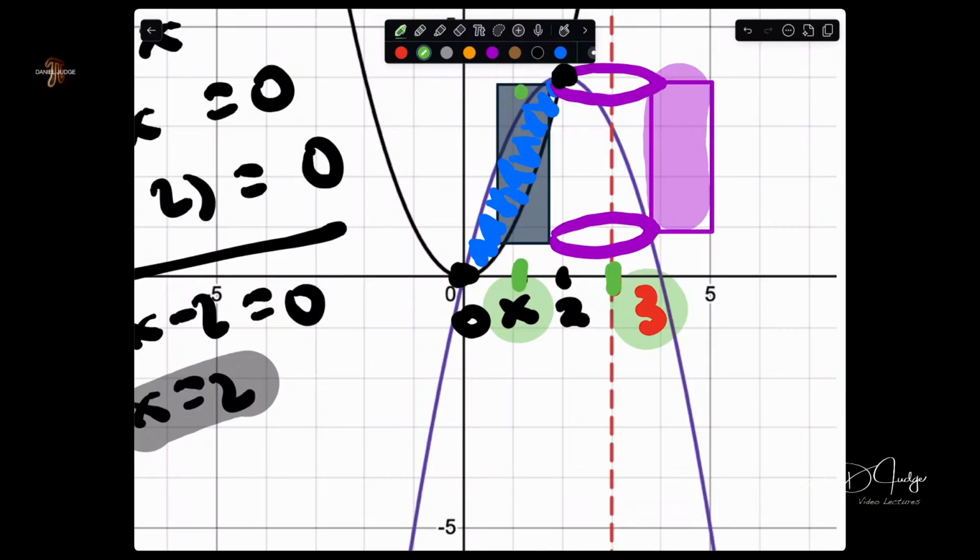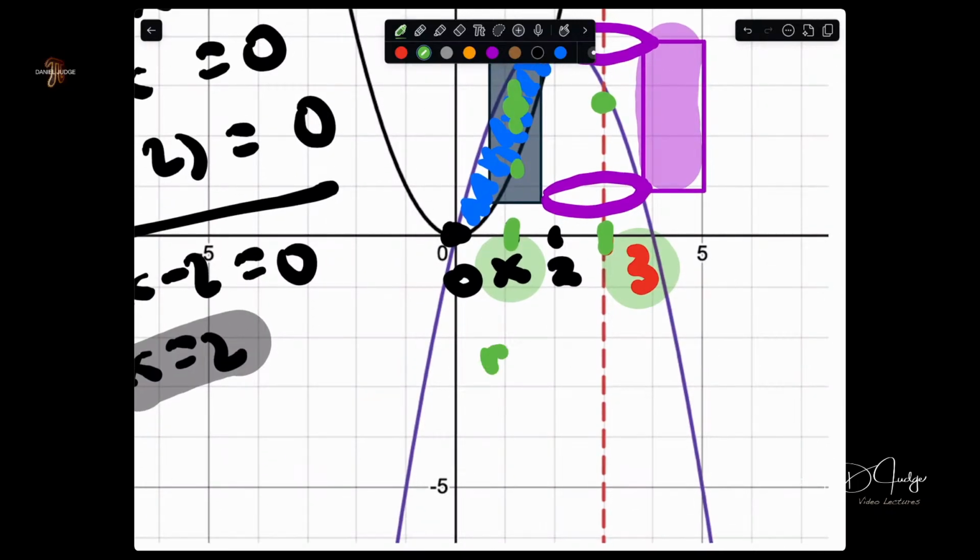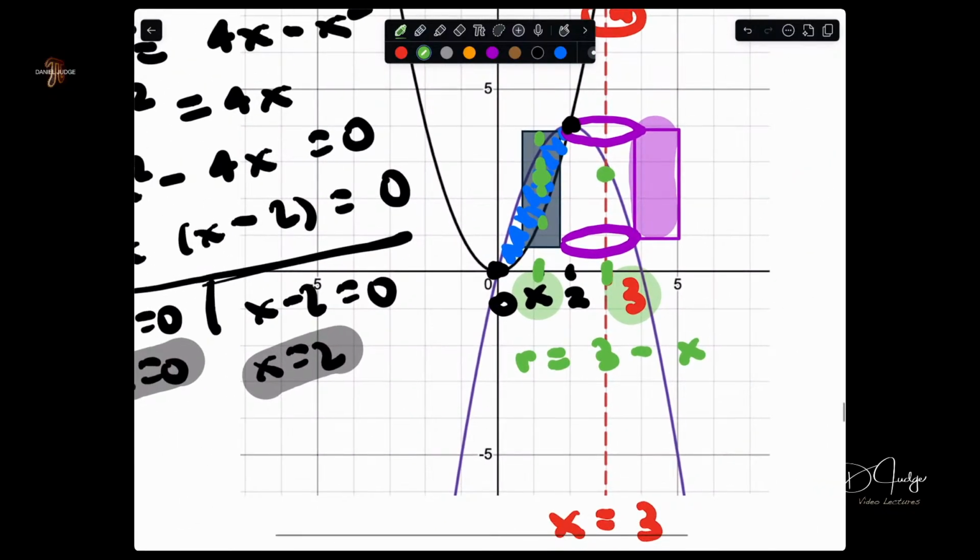How do I find, it's not that hard, the distance from 3 to some x value? Well, it's a horizontal distance. You take the right value, which is 3, and you subtract the left value, which is x. So we're thinking of it as, what's the distance between these two lines? Well, that's 3 minus x for the radius.